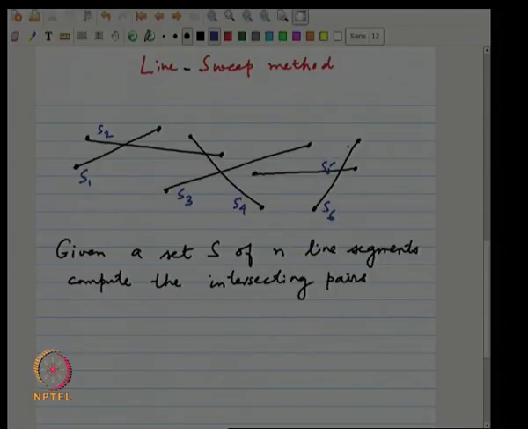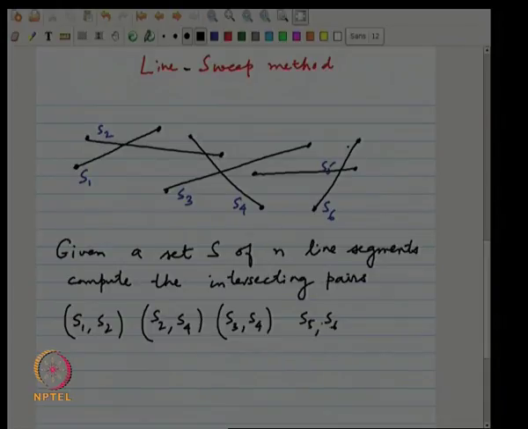So there are 6 line segments in this particular figure, and we want to compute the intersecting pairs, which means in this case I want to report at the end of the algorithm S1, S2, this is one intersecting pair, S2, S4, S3, S4, S5, S6. So there are 1, 2, 3, 4 intersections. So there are these 4 intersecting pairs.